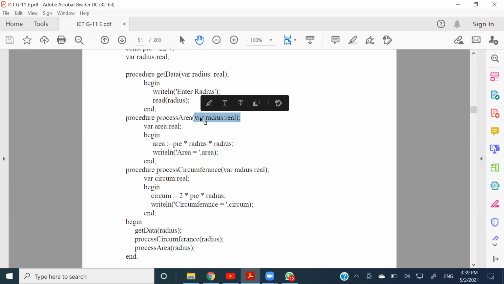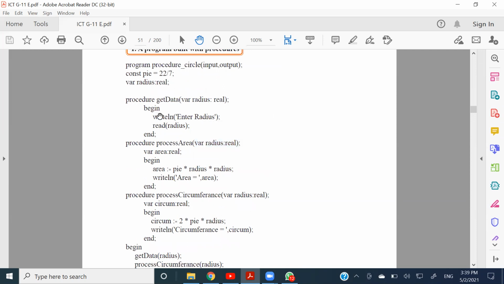The area එකටත් value එකක් යවන්න ඕනේ, radius එකටත් value එකක් යවන්න ඕනේ, right? Then අපි radius වලට නම් මෙතනින් value එකක් ගන්නවා, right? But to calculate the area, what we need is pi and the radius.